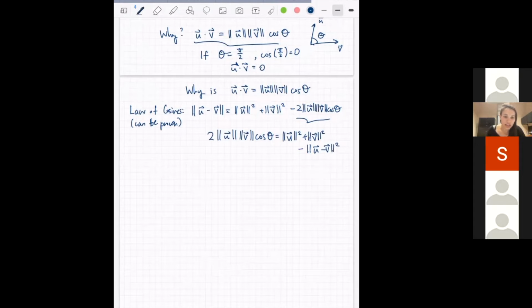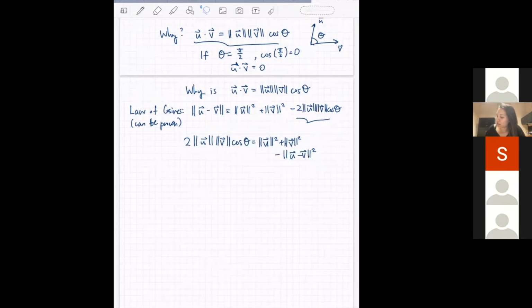And then if we write out what this gives us, we're in R2, so we're just dealing with vectors with 2 coordinates, and we'll divide by 2.